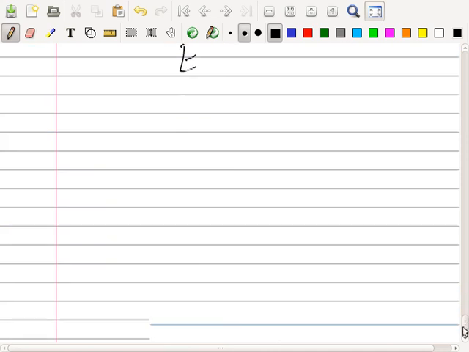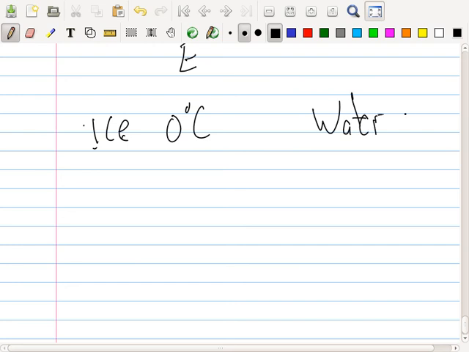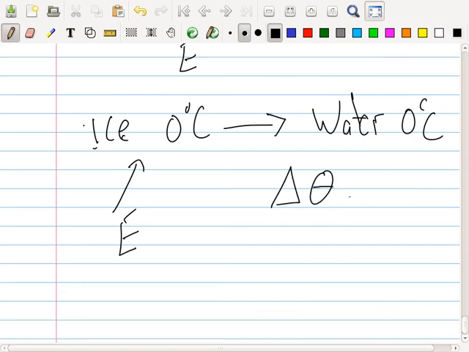So, for example, water. Look here. Ice, 0 Celsius. Water, 0 Celsius. I put energy into this, it changes it into this. Is the temperature any different? No. No change in temperature.